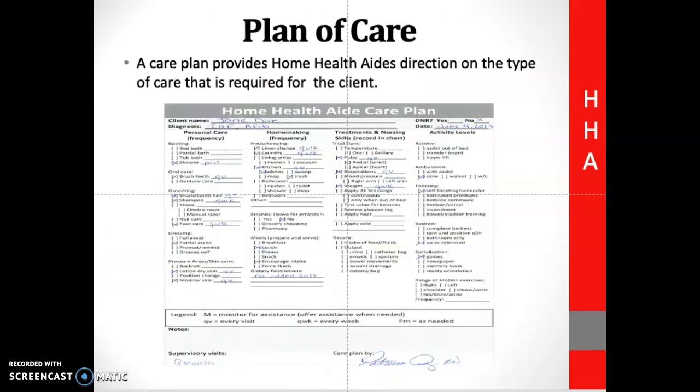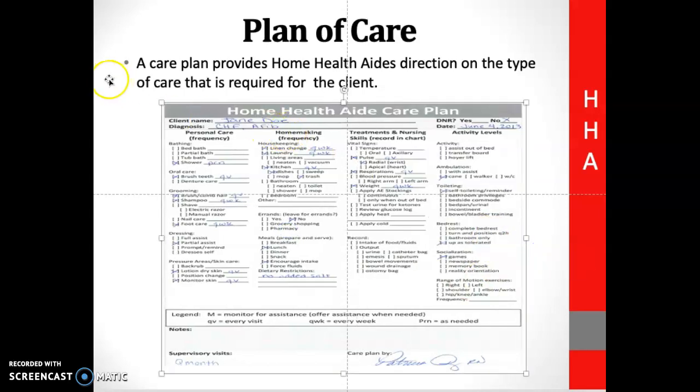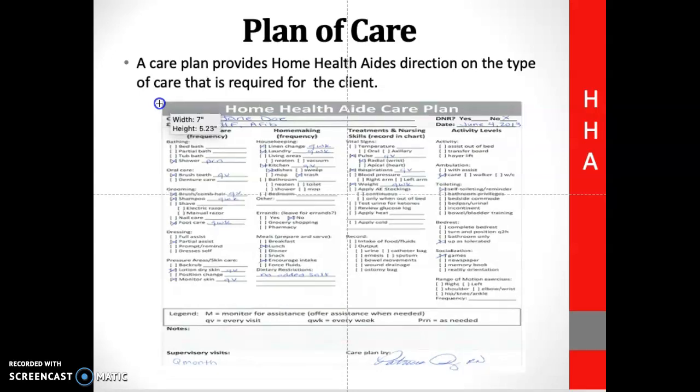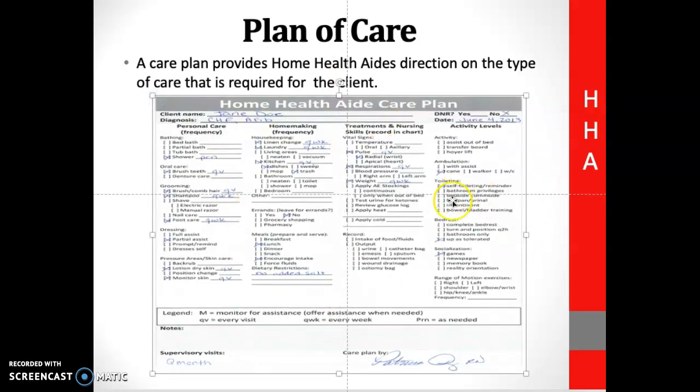So let's look at the care plan. The plan of care provides home health aides a direction on the type of care that is required for the client. So I have a sample here with some of the things that are within the scope of practice for a home health aide.